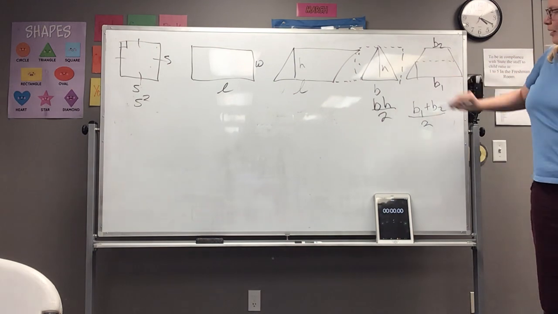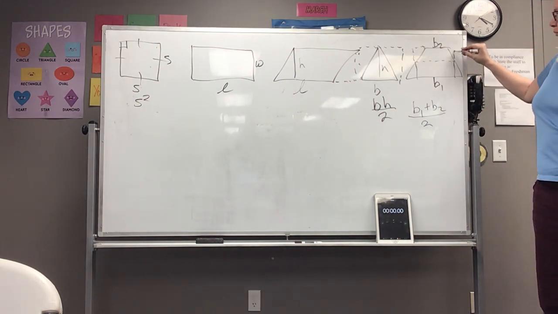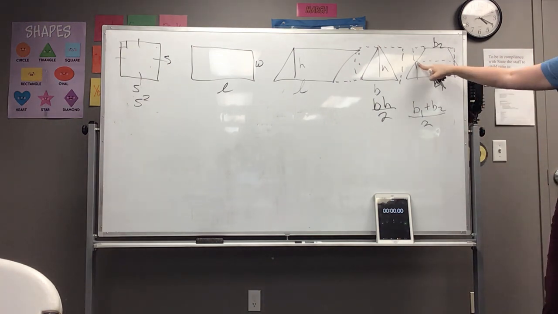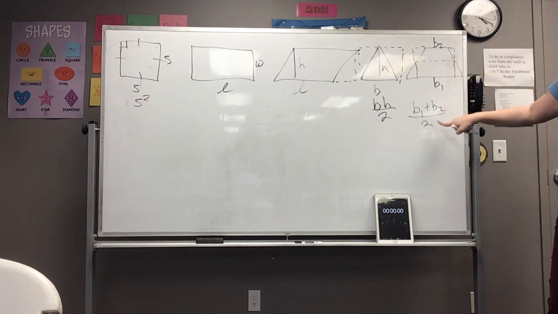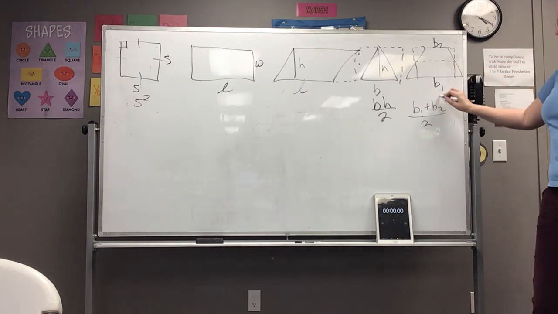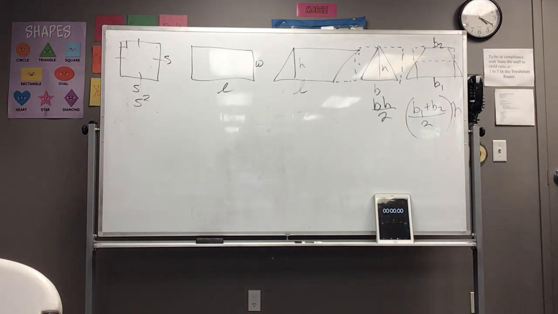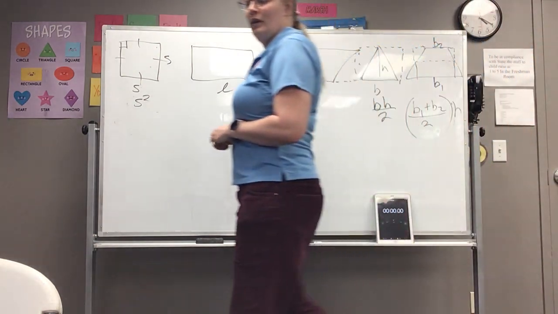And then if we chop off this corner, we can put it up here. Chop off this corner, put it up here, we can still turn it into a rectangle. And so it's this average of the two bases, or the middle of those two bases, is base 1 plus base 2 divided by 2. And then again, we multiply it by our height. So those are formulas that you will be expected to know.